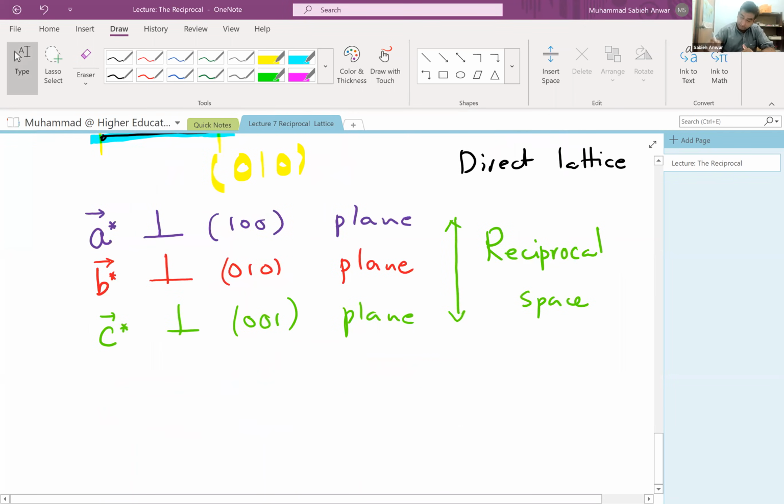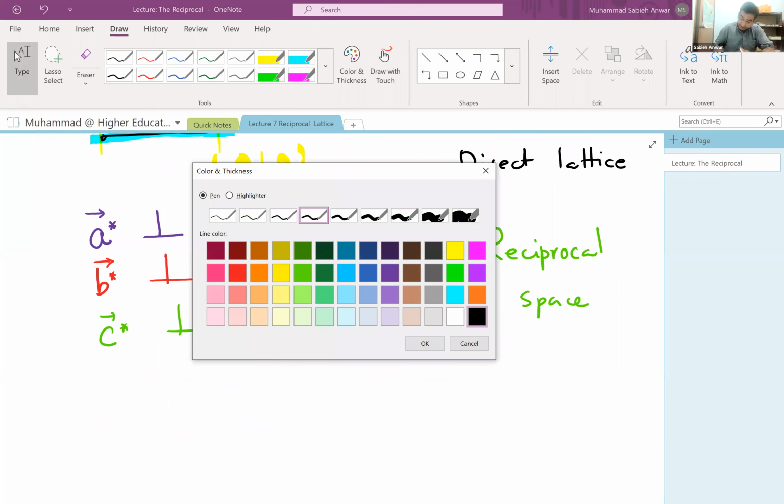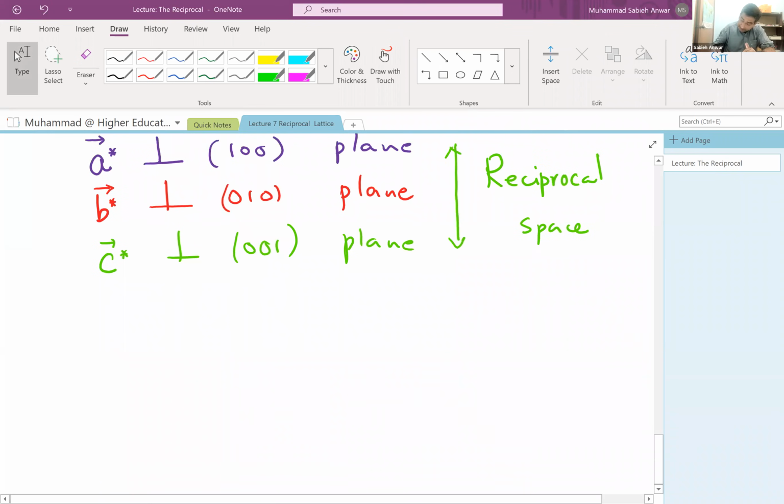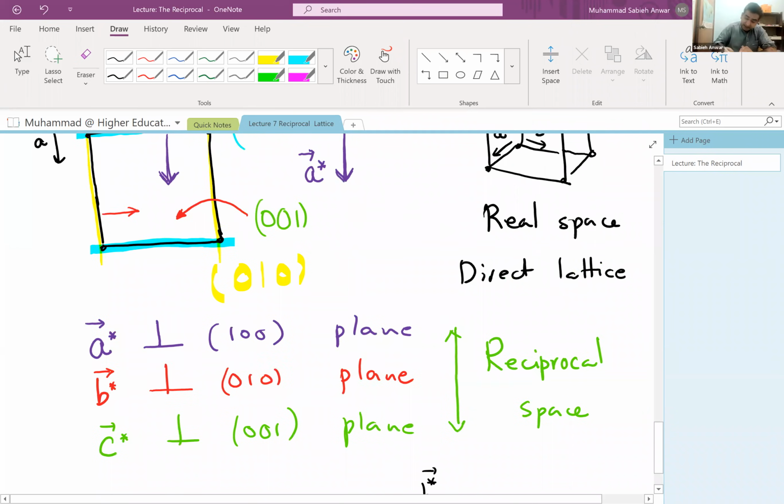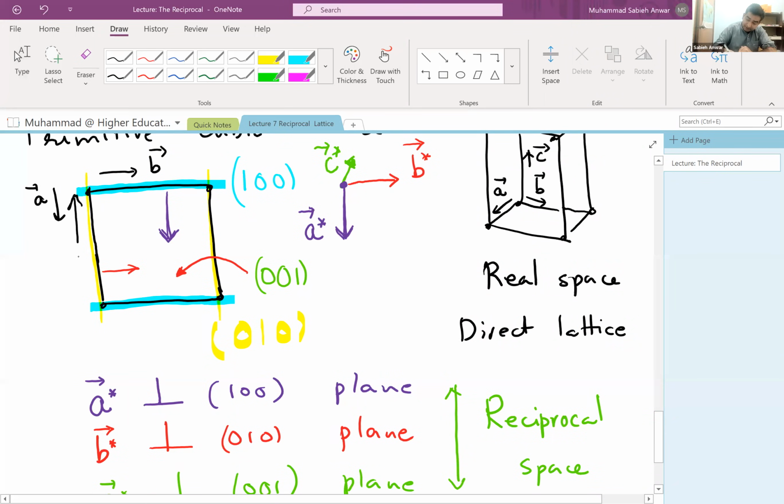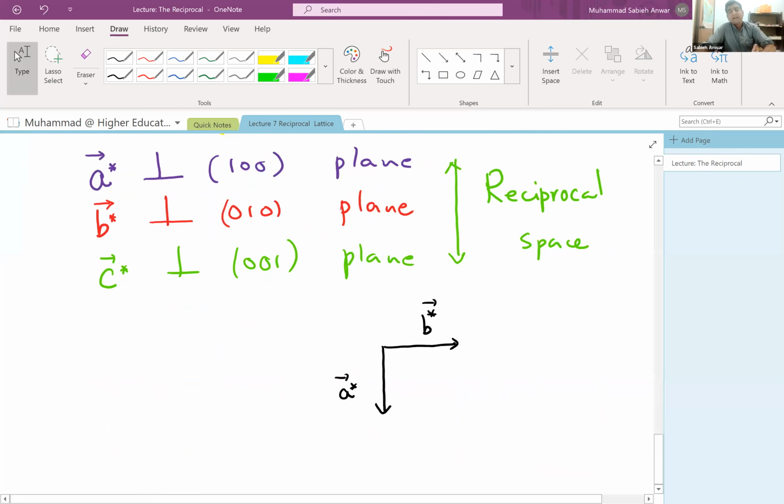Okay, and if I take this discussion a bit forward, I have the A star vector and the B star vector, and the length of both of these vectors is the same. What is the length of these vectors? If my direct unit cell has a cell dimension A and it's cubic, so each side has a length A, what would be the length of this vector?